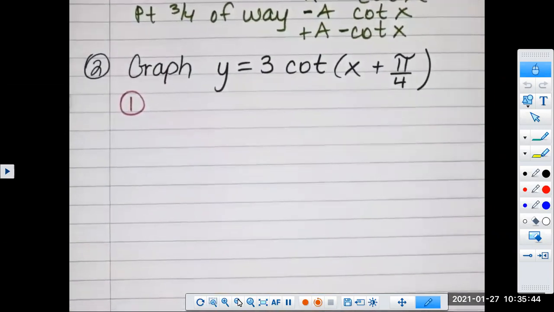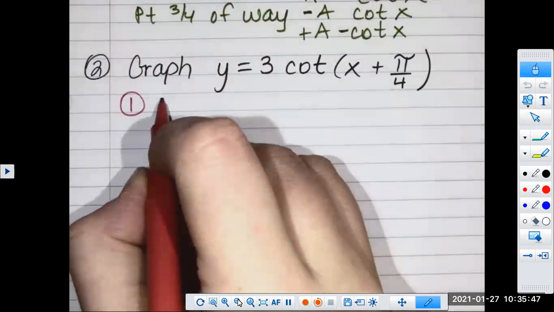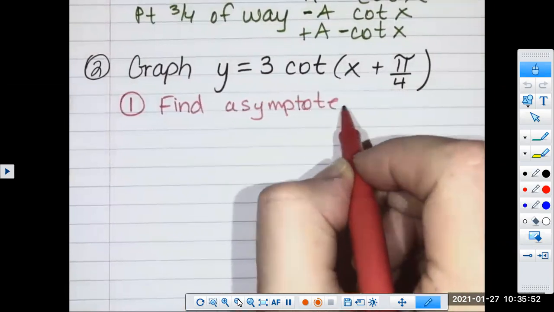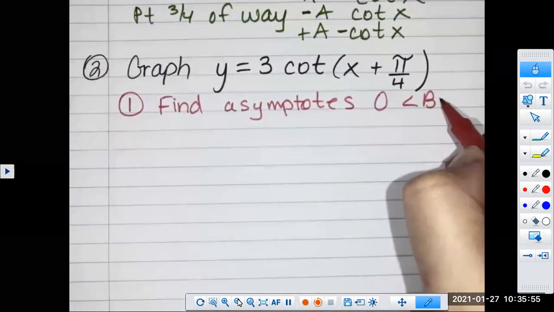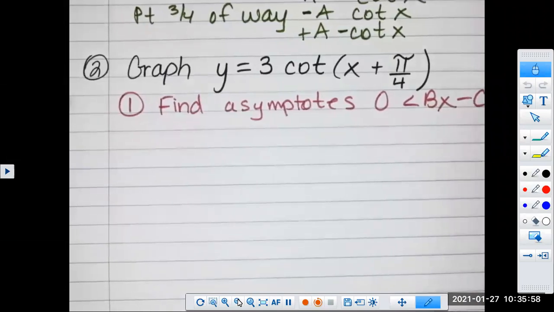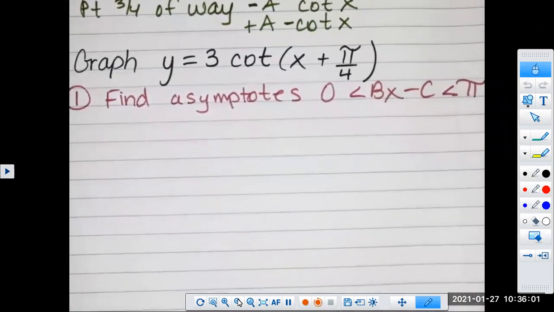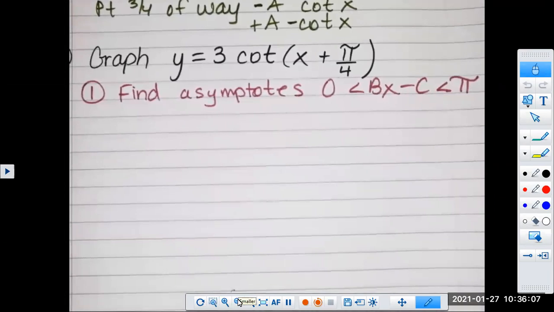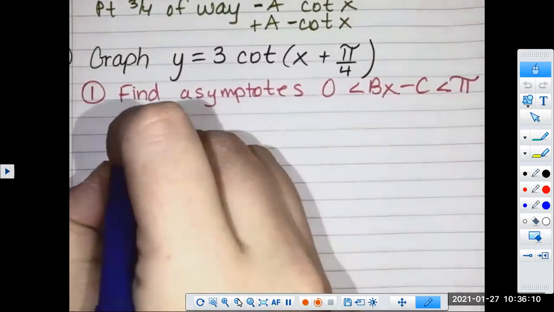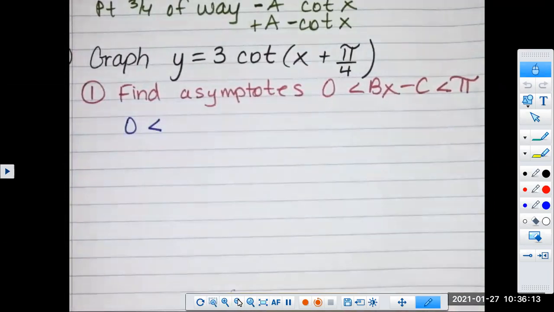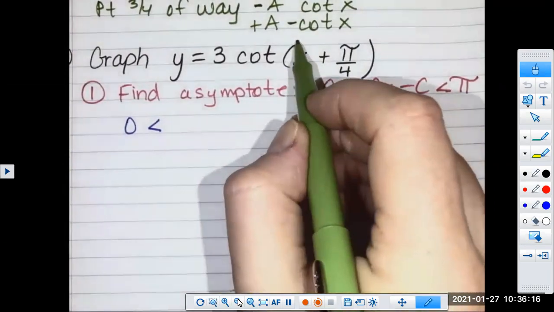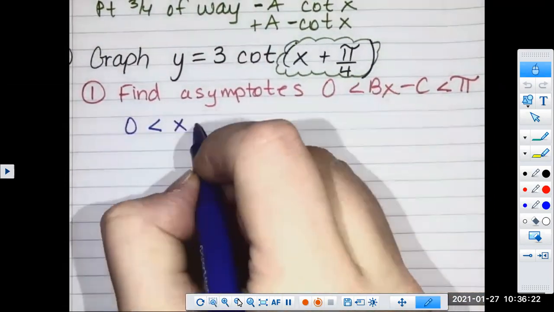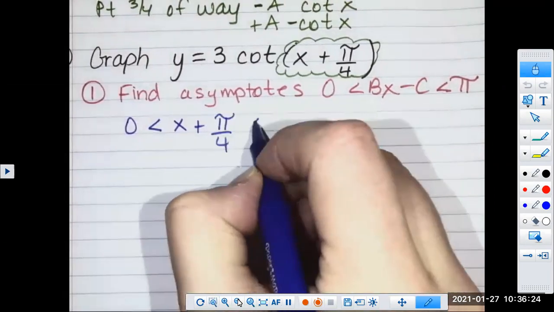All right, another difference for cotangent, you're gonna find your asymptotes first, but you're gonna set bx plus c between 0 and pi. So whatever follows cotangent, you put in between 0 and pi and solve for x.